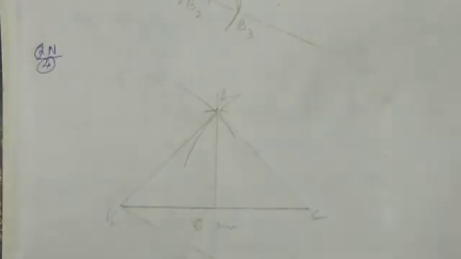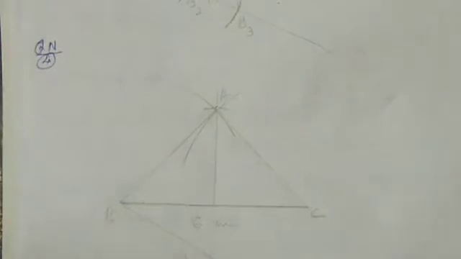Then question number 6 is a little bit different. One thing you must always remember: whenever we are asked to make a similar triangle, first of all you need to make the triangle with the given measurements. Like in question number 5, we have base 6 centimeter, you make the base 6 centimeter, and then angle ABC is 60 degree.